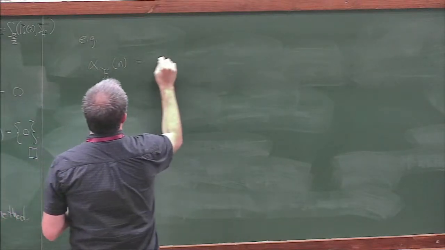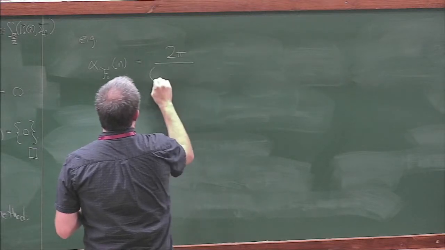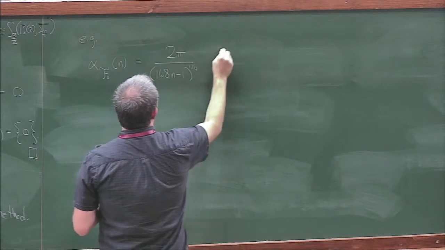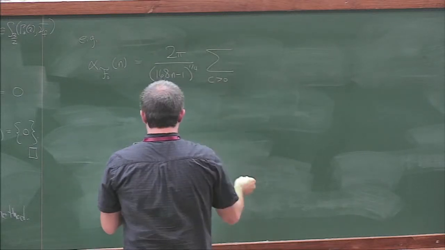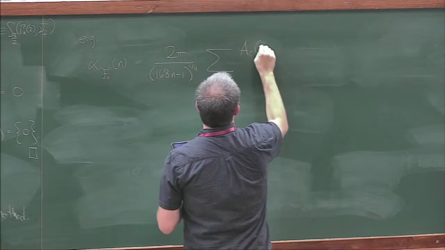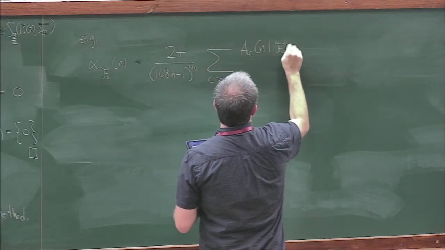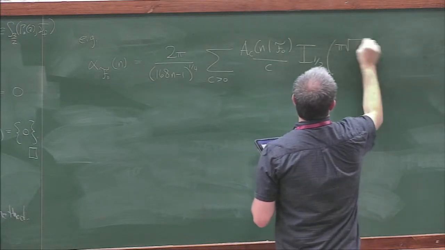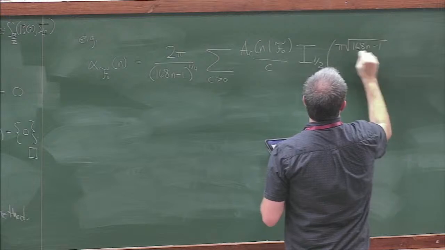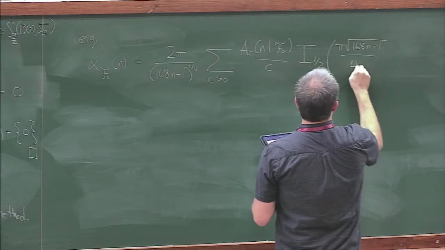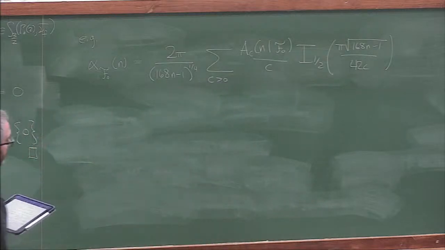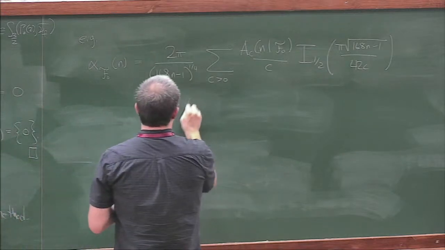So this looks like 2 pi over (168n minus 1) to the 1/4, sum over c bigger than 0, sum Kloosterman sum, I'll call it A_c(n, f0), over c, I_{1/2} of pi square root of 168n minus 1 over 42c. And okay, these are order 7s, and you can see 7s all over the place. So yeah, maybe that's a hint there.